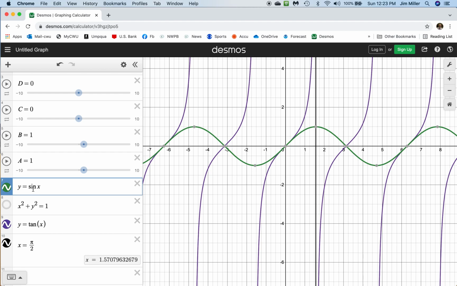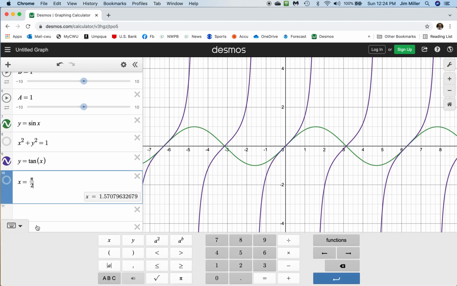But if the sine is 0 and cotangent is cosine over sine, anytime the sine is 0, the cotangent is undefined. It'll have a vertical asymptote like the tangent had here. So let's turn that vertical tangent off. And I'm going to actually turn it back on at pi.